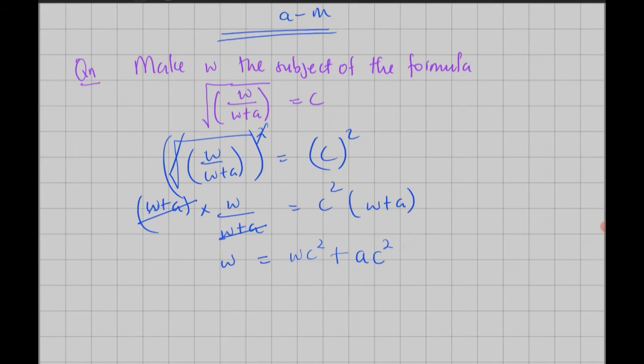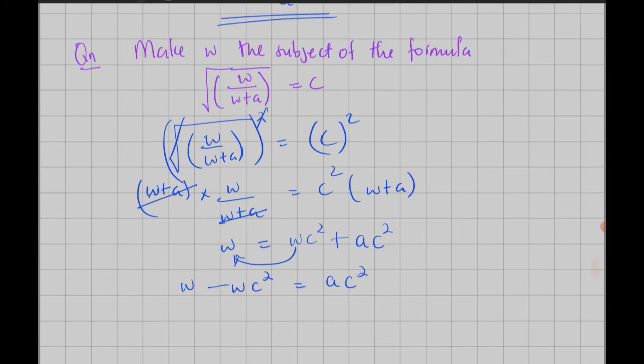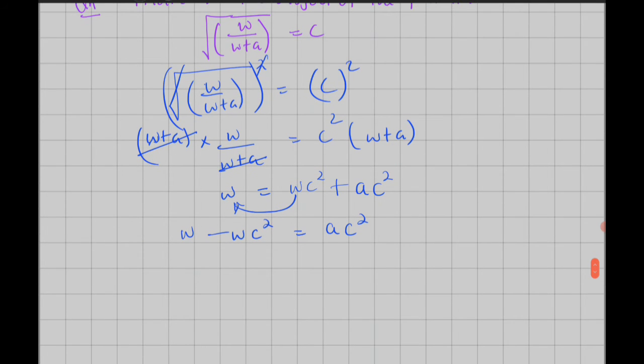But we want to make w the subject of the formula, right? So we move this w to this side, and we get w minus w c squared is equal to a c squared. And now we have to factor out w: w into w is 1, w into minus w c squared, we get minus c squared, is equal to a c squared.